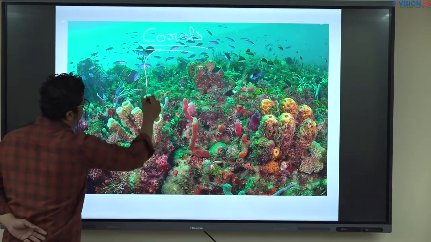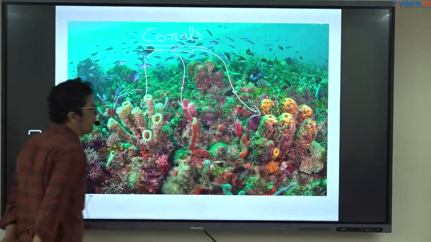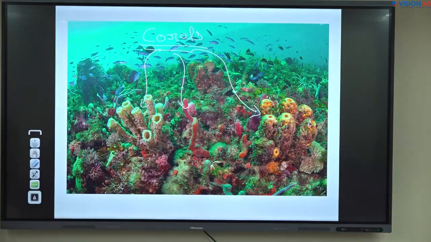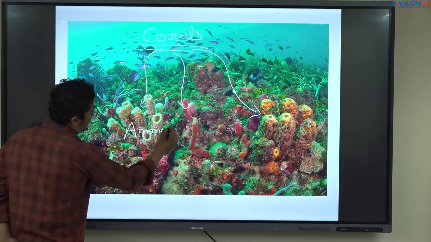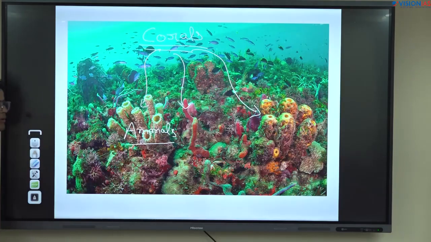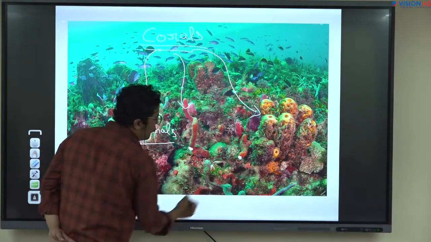These colorful species that you see here are corals. What are corals? Corals are animals. They are not plants, they are animals. Unique thing about them, they are fixed. They are fixed at one particular location.